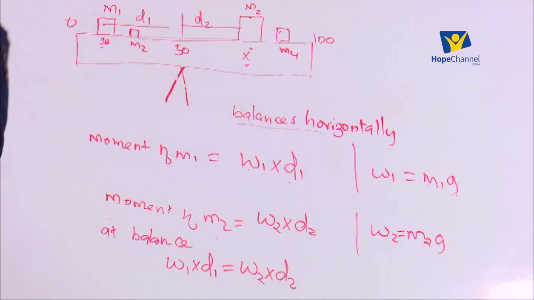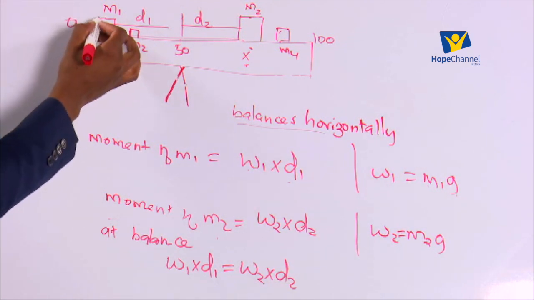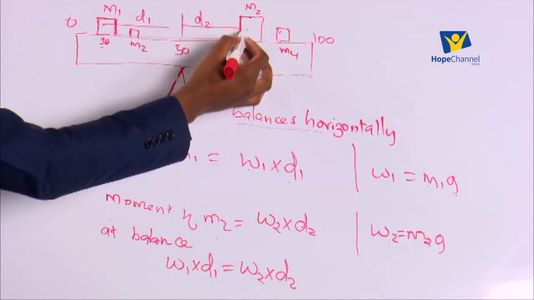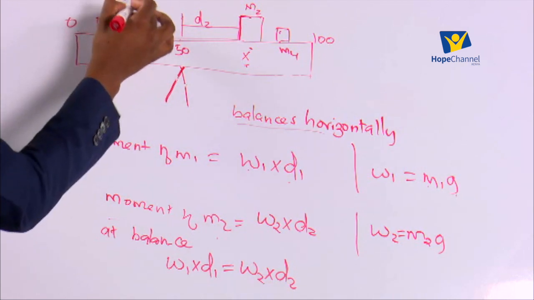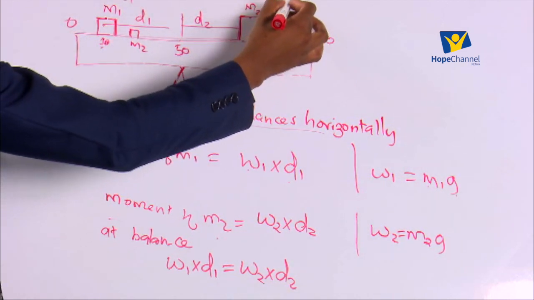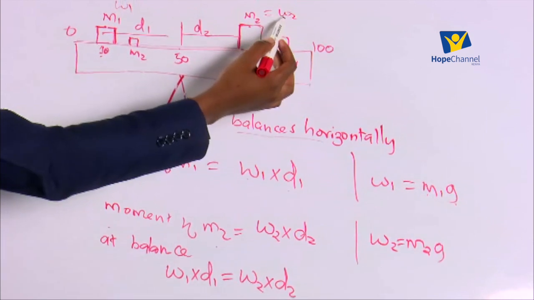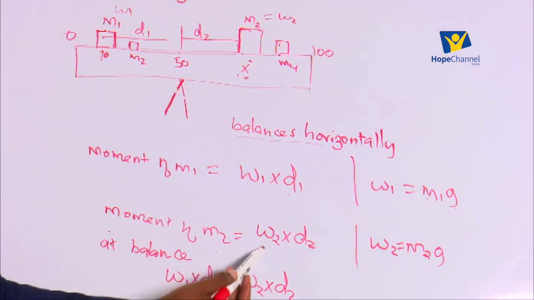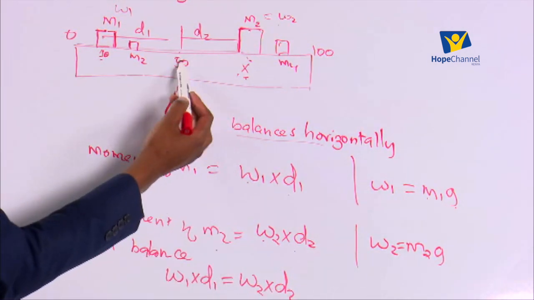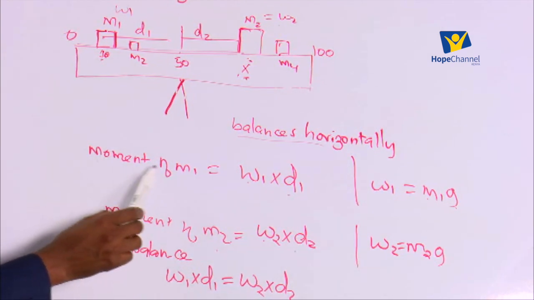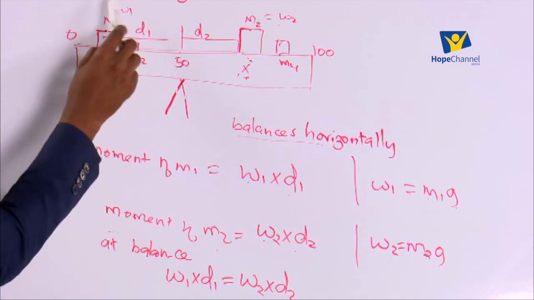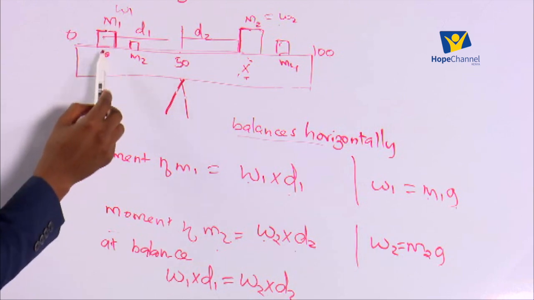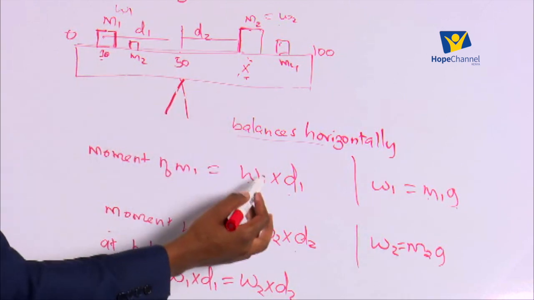Unlike in the other discussion where we had only one, we have mass 1 and mass 2. Mass 1 has a weight 1, mass 2 has a weight 2. So we find the moment due to weight 2, which is weight 2 times distance 2 from X to 50. Then we have the moment due to weight 1, which is weight 1 times 10 to 50, that is D1.